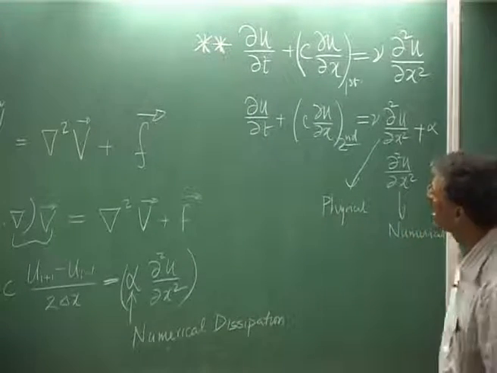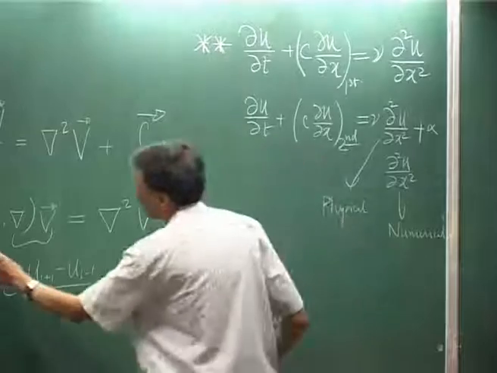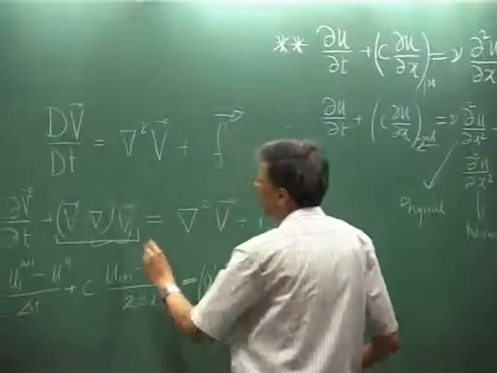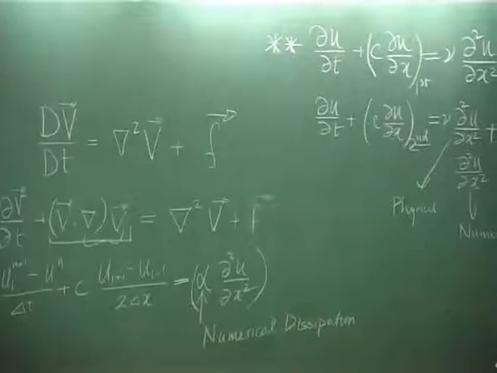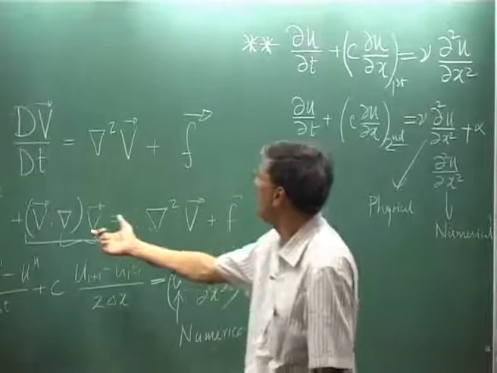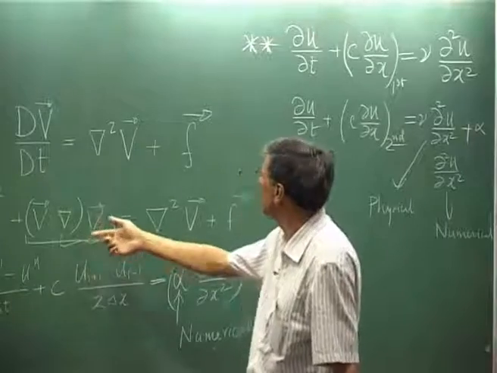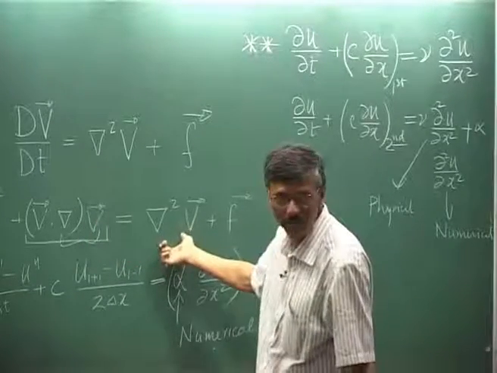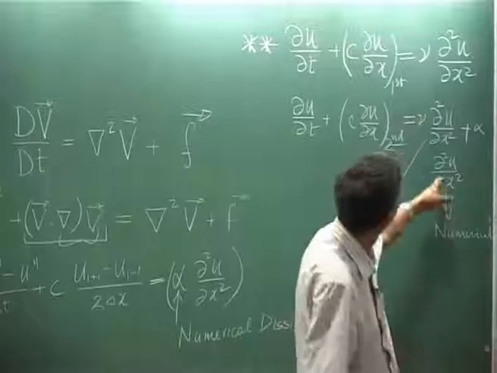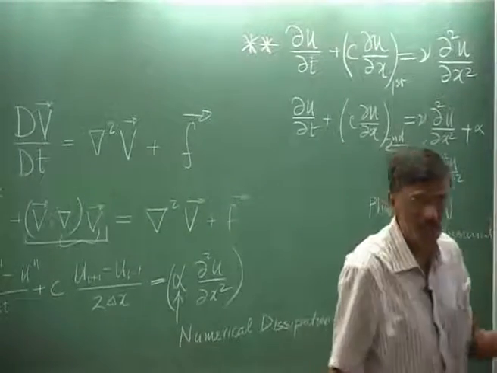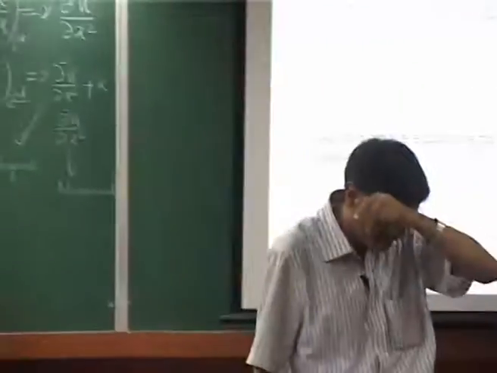So, this is exactly like what we are looking at here. If I decide to do some kind of upwinding of this convection term of first order, then that would be equivalent to adding some second derivative term like here, alpha times this, right. So, what happens then?